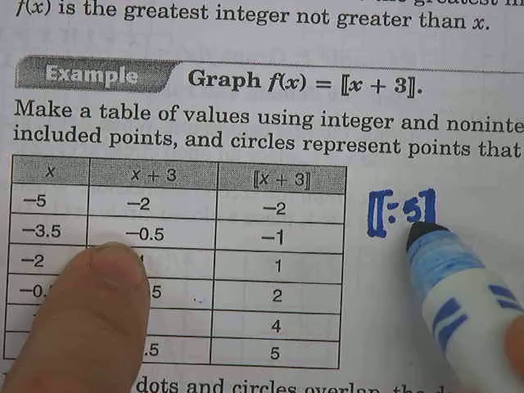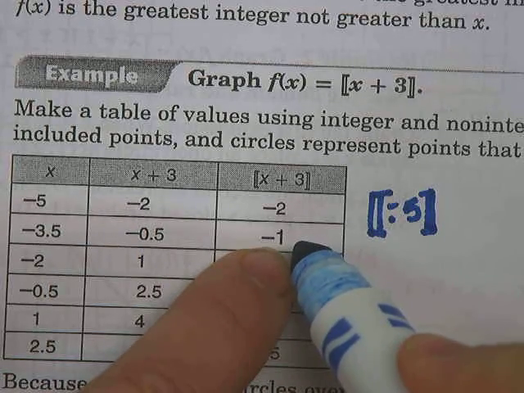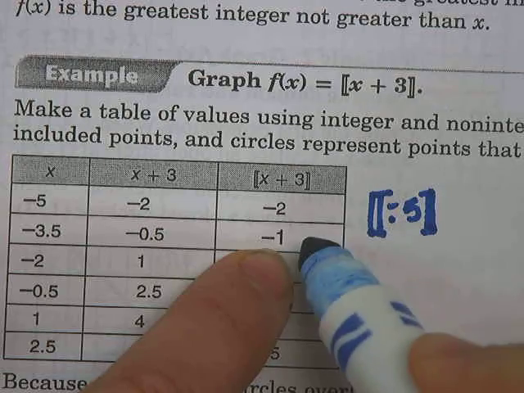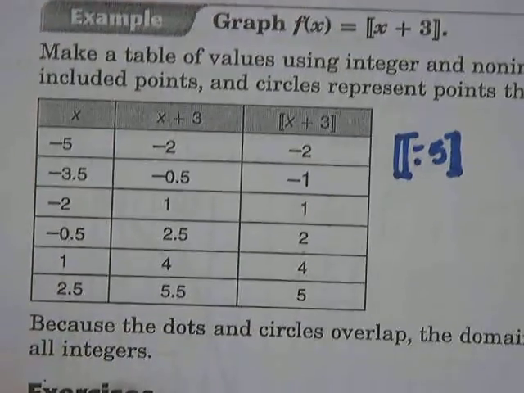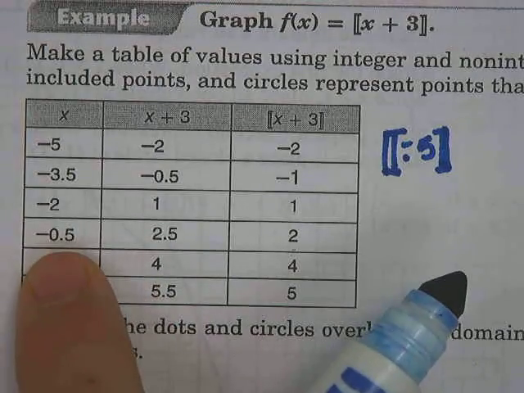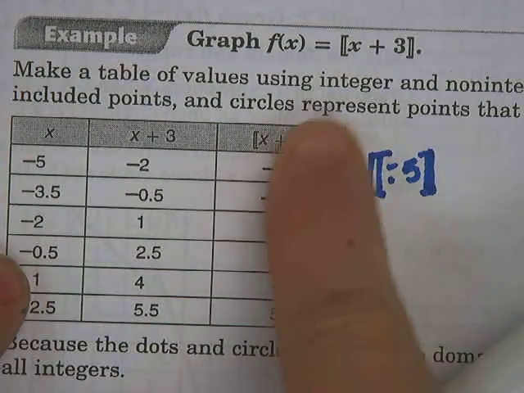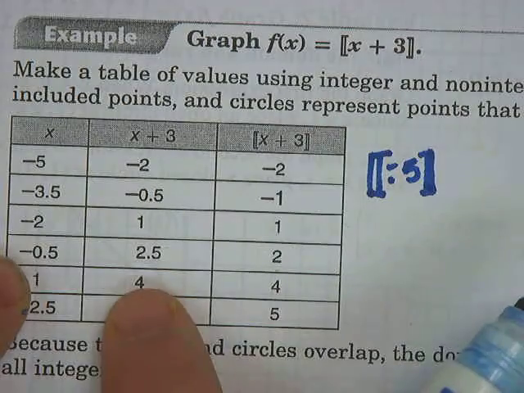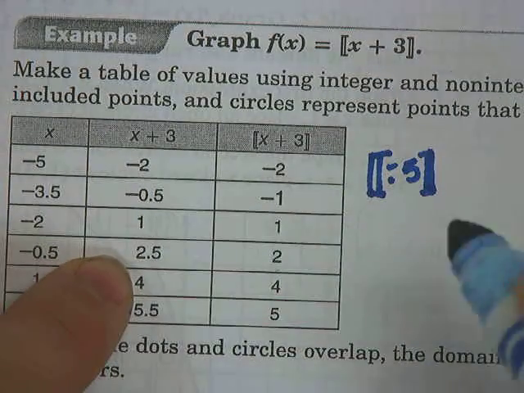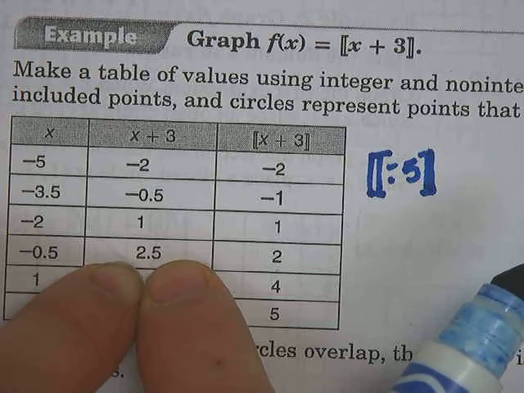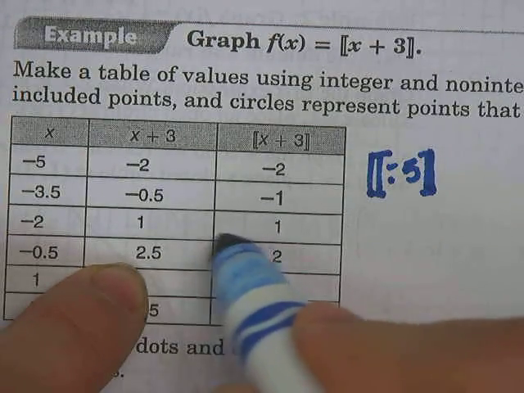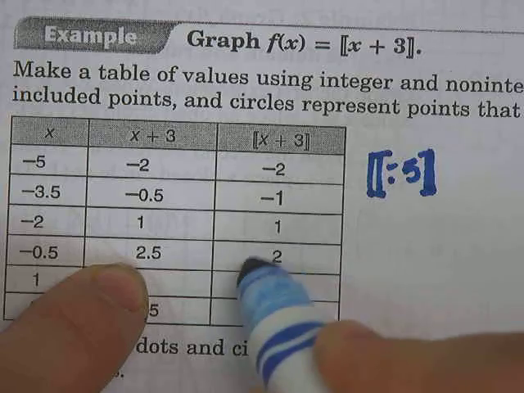So really we are bumping down to the next lowest integer. It's going from negative 0.5 to negative 1. Okay, let's jump to this one and it will make a little more sense. When you put in negative 0.5 up here, we add 3, we get 2.5. We want the greatest integer not greater than this, so we round down to 2.